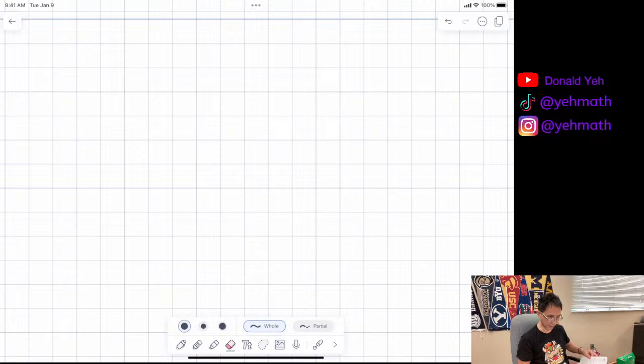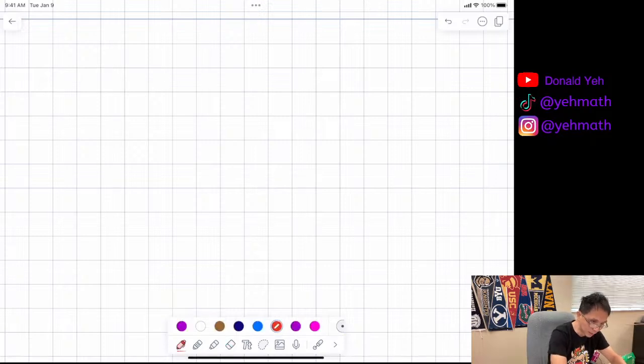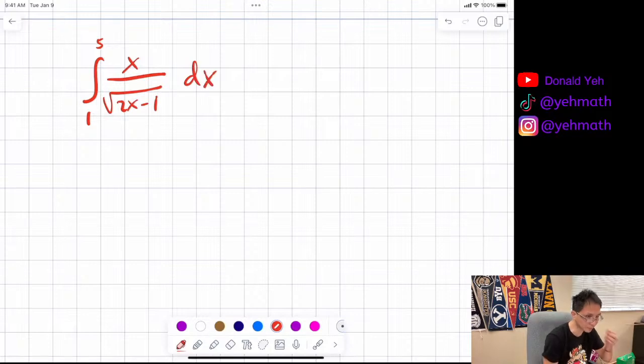Okay, so let's go through a question here. Let's just say I have this particular question. If I go to 1 to 5, I believe there's some question very similar to this from yesterday's homework. This is a little bit more difficult one. What is u equal to?